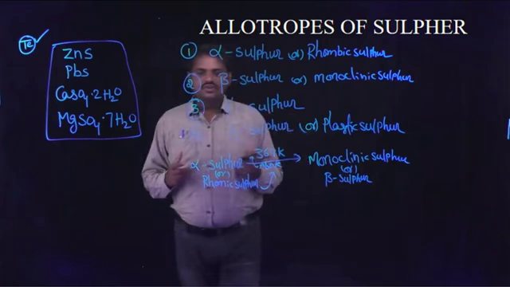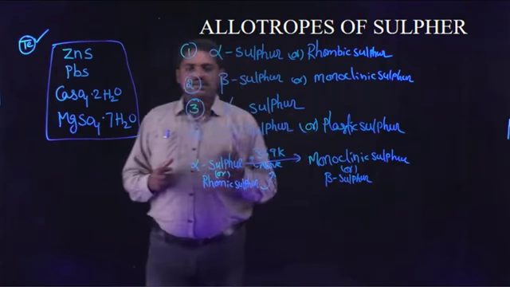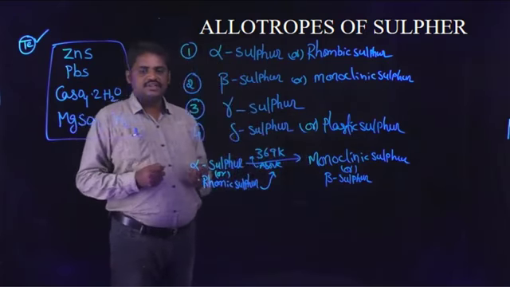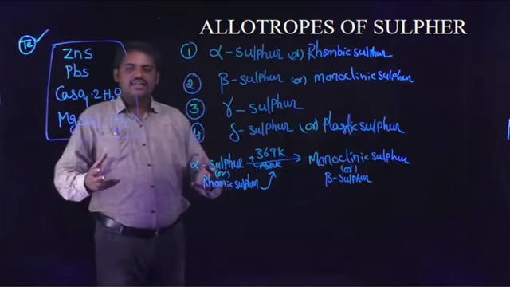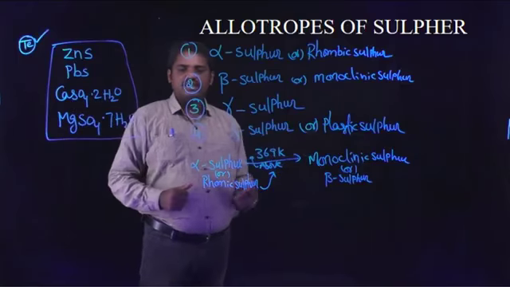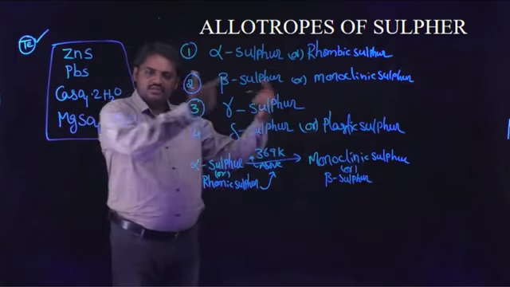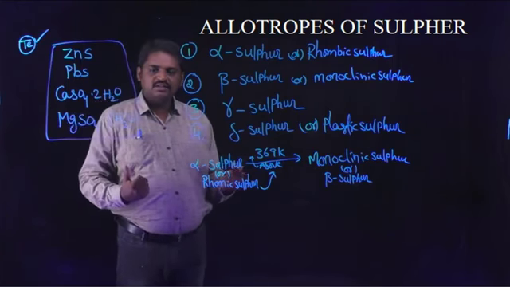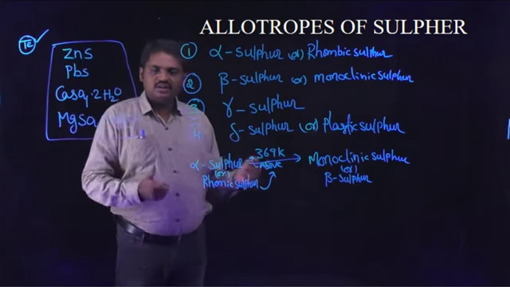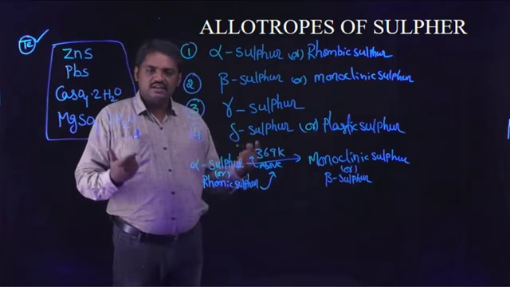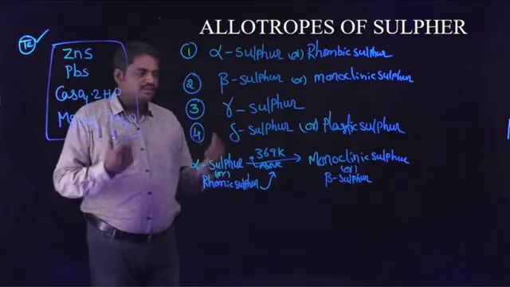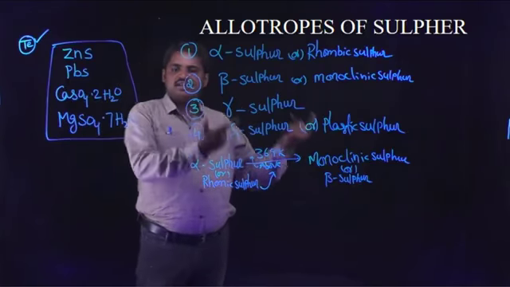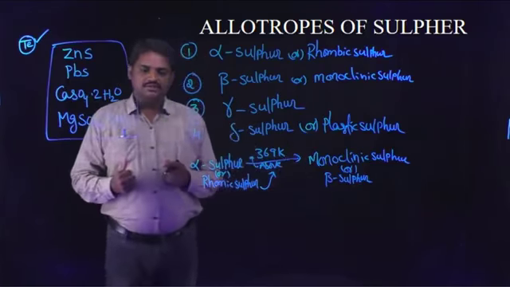The remaining allotropes are all produced at high temperature conditions. Alpha sulfur at 369 kelvins is converted to beta sulfur, and then when 420 kelvins is applied it is converted to gamma, and when vigorously heated, meaning high temperature conditions are maintained, it is converted to delta sulfur, known as plastic sulfur.